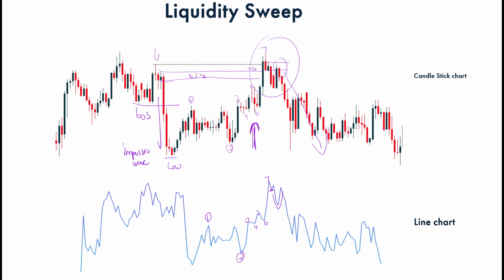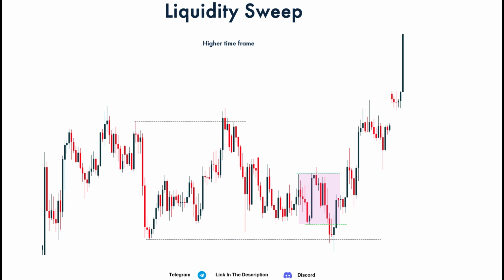So let's move on to another example, because I don't want to make this video too long. Here we have a liquidity sweep, but the problem lies in this area here. On this area, we don't clearly see the 7th move because we are still on the higher time frame.